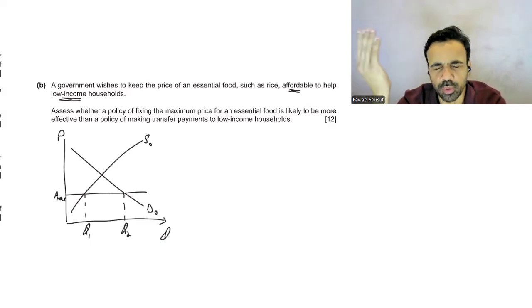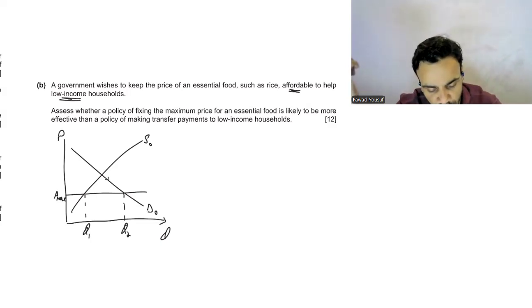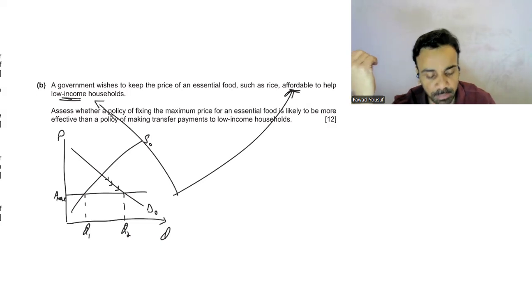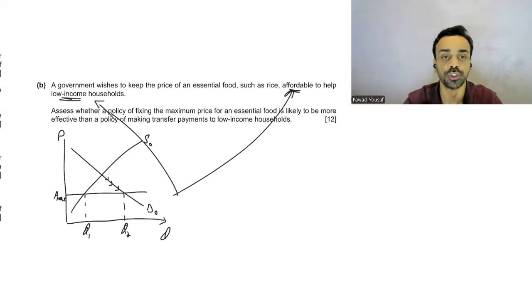I think you're going to get up to level 2, 3 marks maximum if you've used the diagram and explained कि किस तरह से price fall से affordability बढ़ेगी, and the question links to the affordability context, and how it will help the low income households. Your explanation should include that. But then obviously we have to do the counter argument, that how maximum prices will fail in doing this.